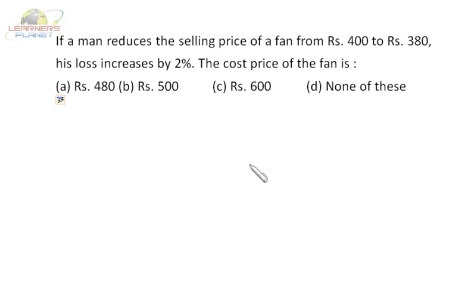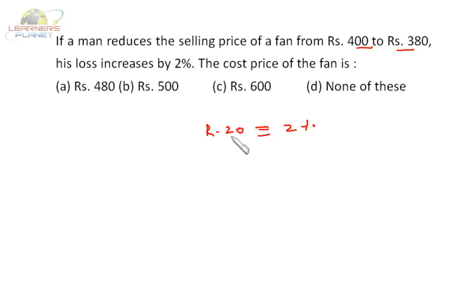Okay, for the same problem, if a man reduces the selling price of a fan from rupees 400 to rupees 380, his loss increases by 2%. What is the cost price of the fan? Further friends, the difference in the selling price, that is rupees 20, is equivalent to the loss, that is 2%.